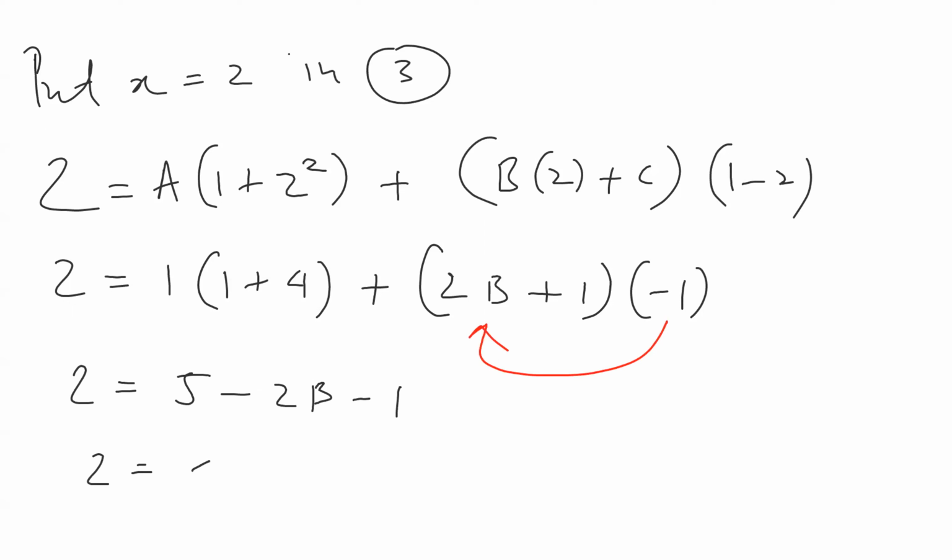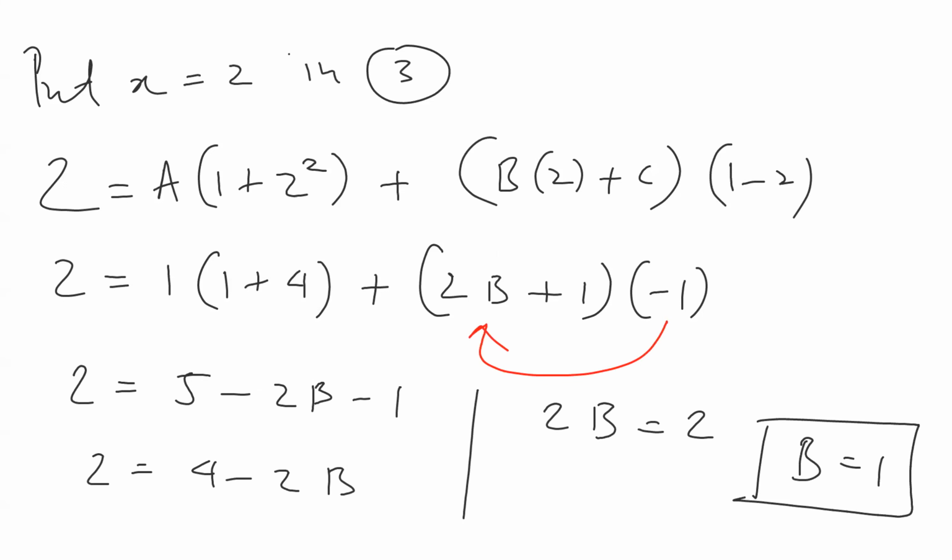So 2 is equal to 4 minus 2b. 2b is equal to 4 minus 2, which is 2, and b is 1. We got the value of b as 1. So in this particular problem, a, b and c all are equal to 1.